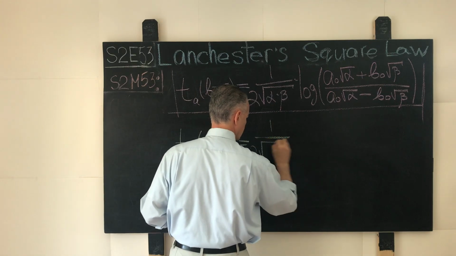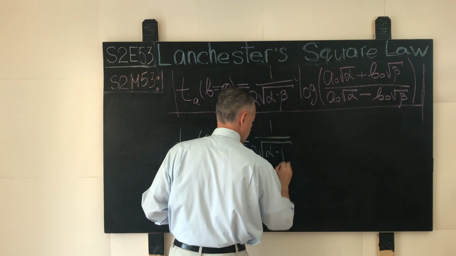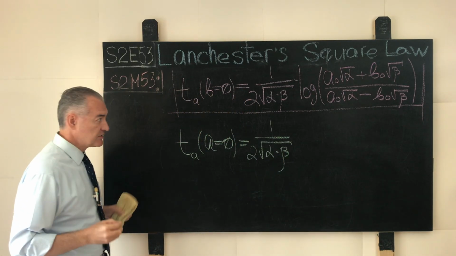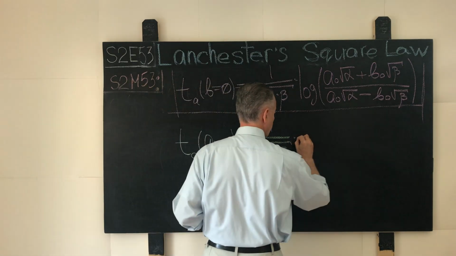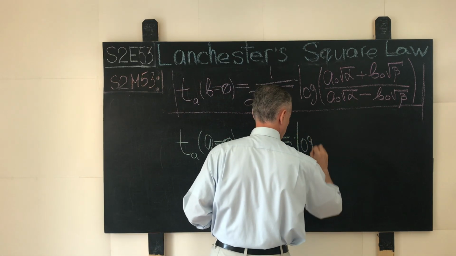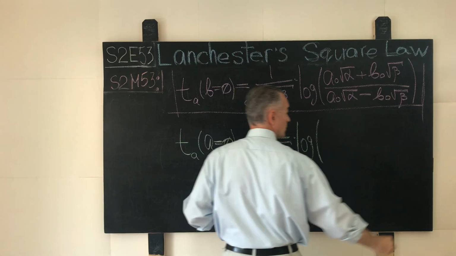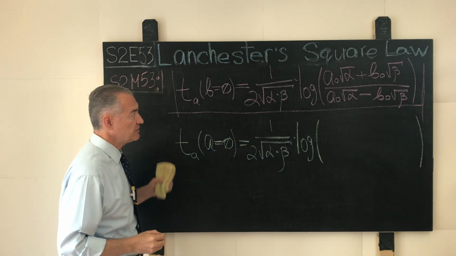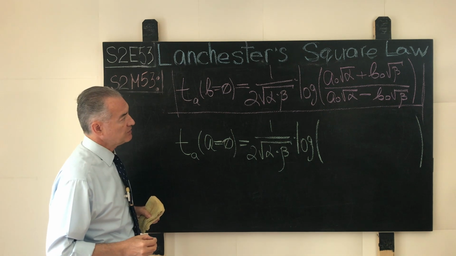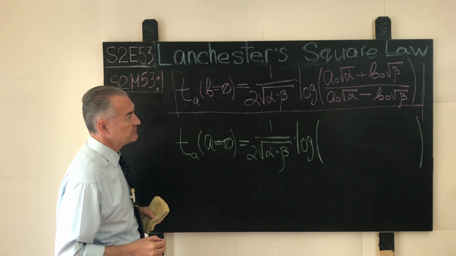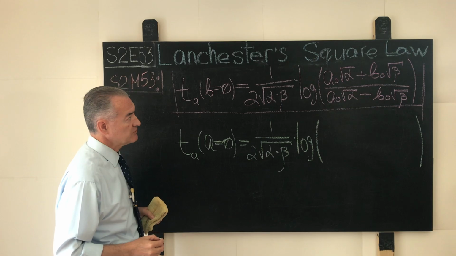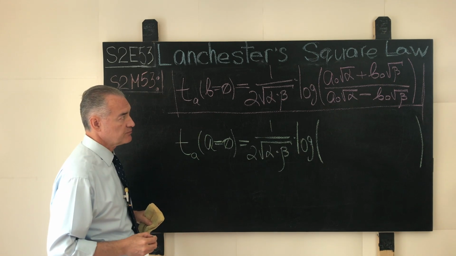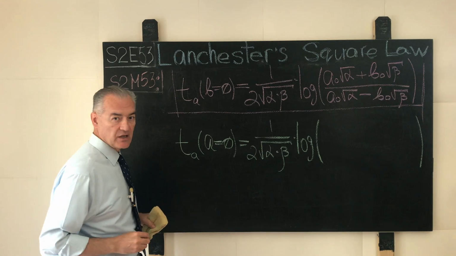1 over 2 square root of alpha times beta. This is evident as it is, and then again we will have the natural logarithm, and what will be here? Well, in this case, we have no time involved. We just have to swap again a0 and b0 and alpha and beta.